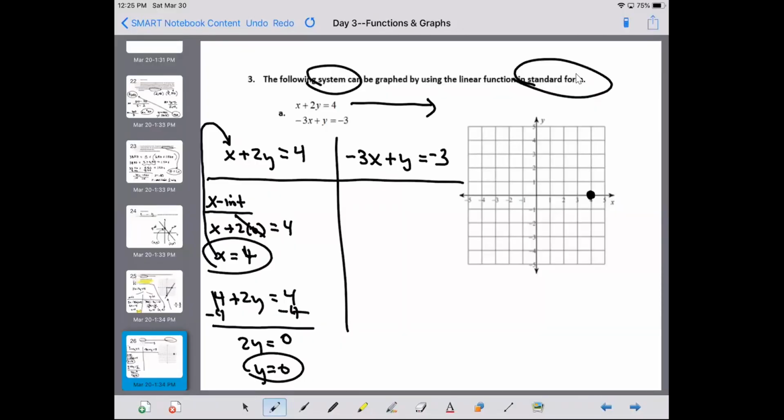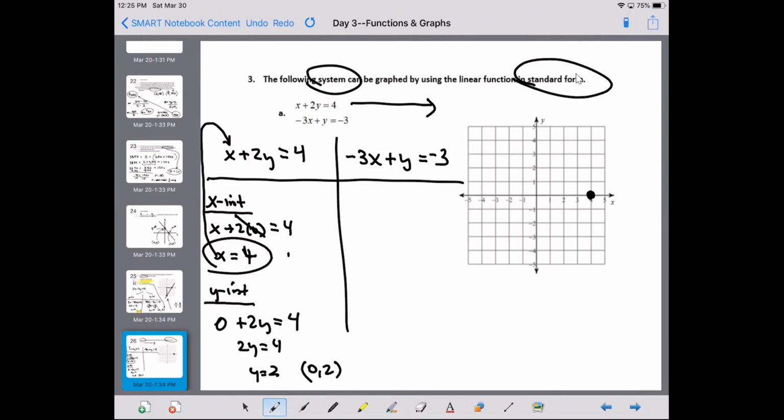So I just established the fact that when x is 4, y is 0, and I'm going to come back over here and now look at the y-intercept of this equation. When x is 0, what is the y-intercept? This will be 2y equals 4, so y is equal to 2. So (0, 2) is the y-intercept for this first equation.